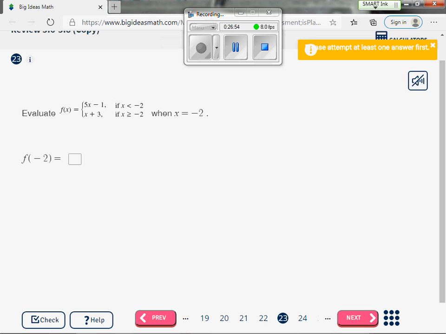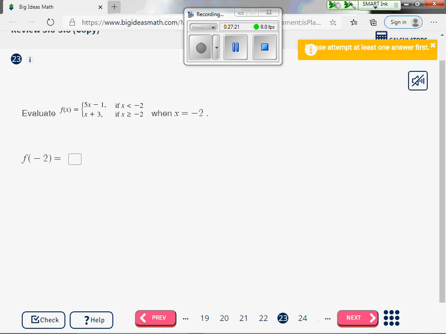We have these last three here. So when we look at this here, we want to see what inequality the value of x makes true. We're looking at -2. So would it be the top equation or the bottom? Is x less than -2, or greater than or equal to -2? Or equal to, because it's equal to -2, yes?